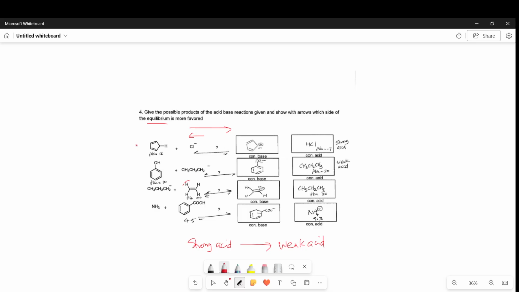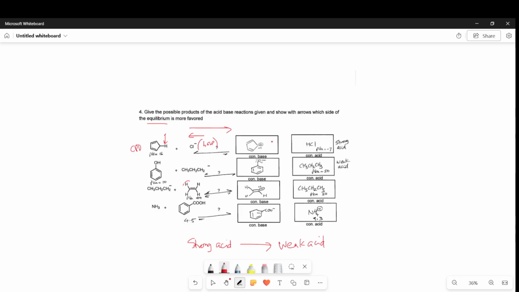You have cyclopentadiene, and the pKa is 16. The pKa value refers to this proton, and chloride minus, which is a base in this case, snatches off that proton and you generate this cyclopentadienyl anion. This is a conjugate base.